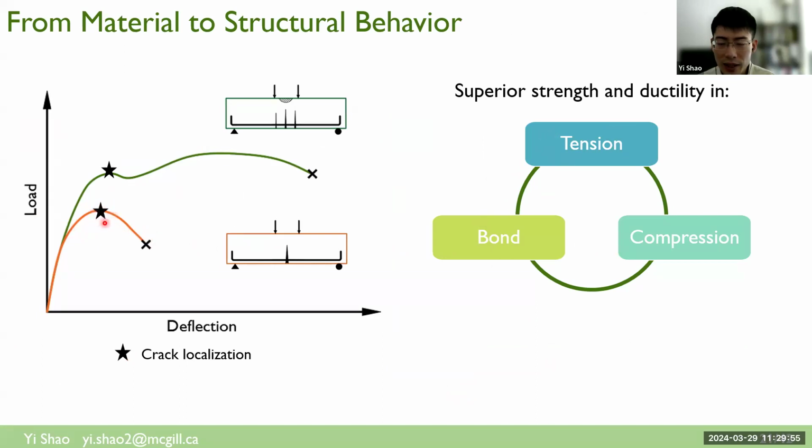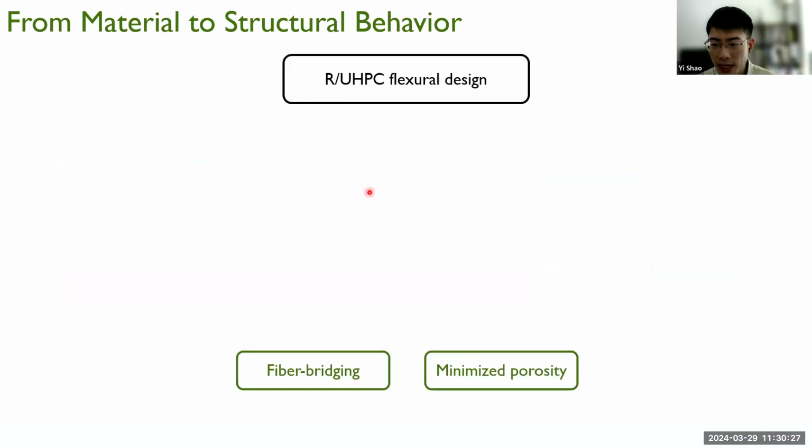The high tensile capacity and high tensile ductility make the beam prone to failure after crack localization, and the high bond capacity will cause steel plastic concentration and probably early fracture of the steel rebar. And then the high compressive strength and high compression ductility allow us to utilize the post-yield hardening capacity of steel rebar to potentially have a failure after crushing, and have a very high structural level ductility in the steel reinforced UHPC beams.